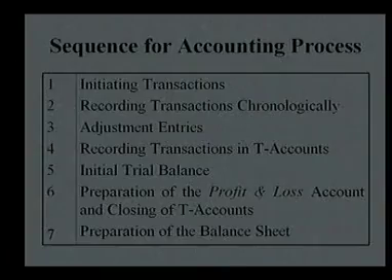It may take place on a daily basis if the transactions involved with the company are too large in number. But for a small company, it may be done on a weekly basis. The idea is whenever you have a substantial number of transactions, you start posting them in different T accounts or ledgers.